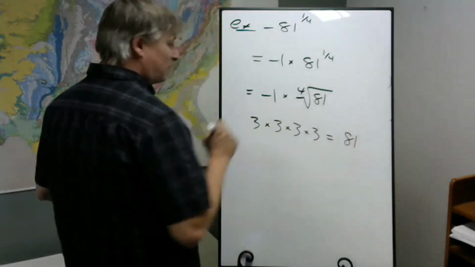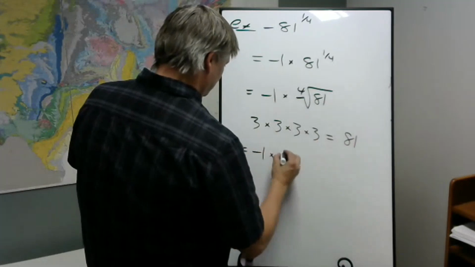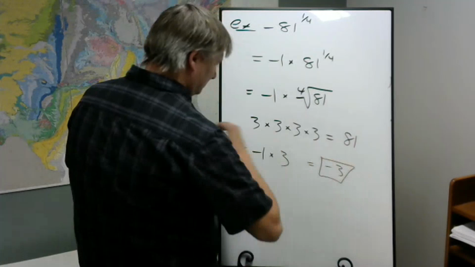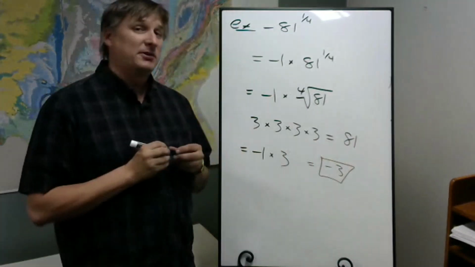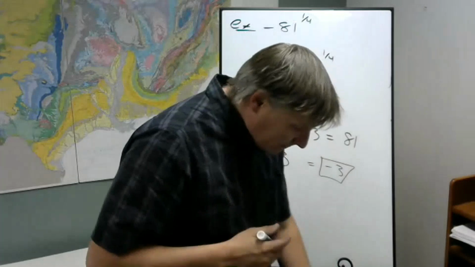So that means the fourth root is 3. And so -3 turns out to be your answer. So that's one way of approaching it.